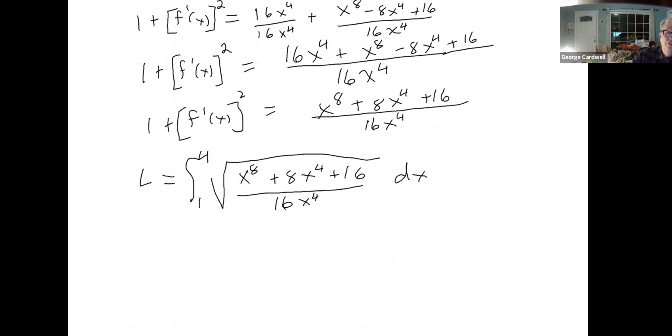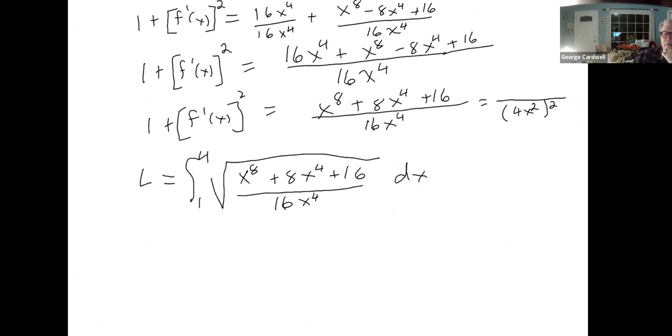But it turns out, if I take this function here, notice 16x to the 4 can be written as 4x squared, the whole thing squared, right? Because 4 squared is 16, x squared squared is x to the 4. Believe it or not, the top is factorable.